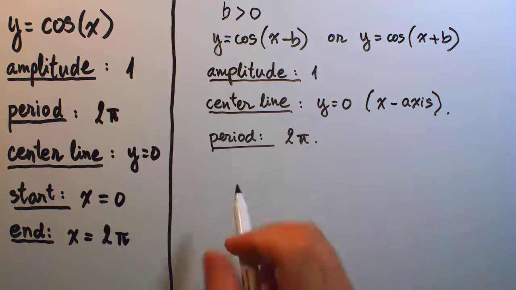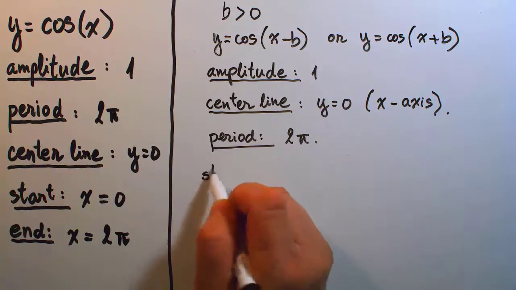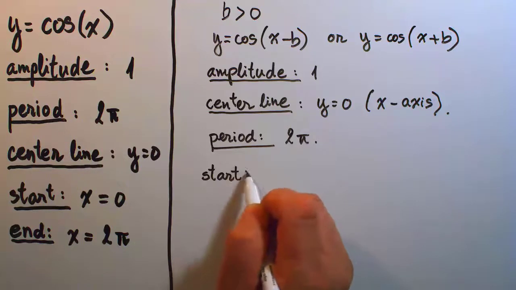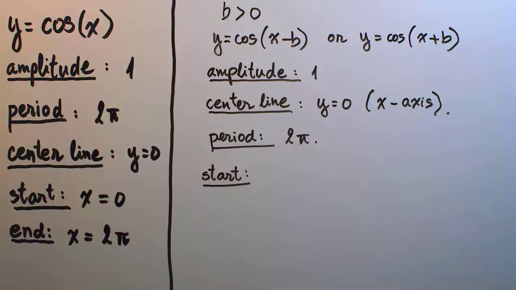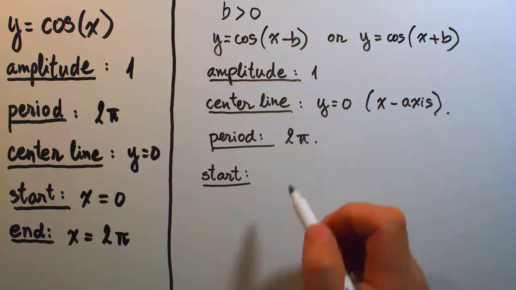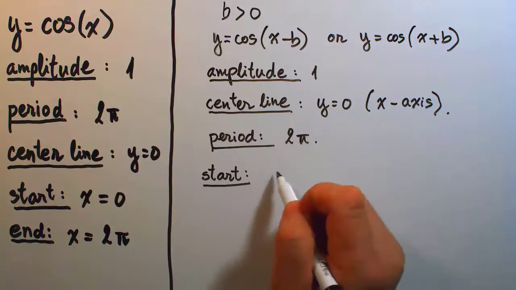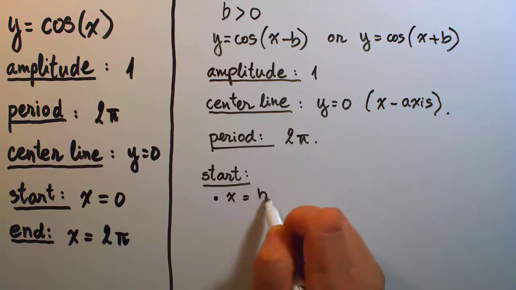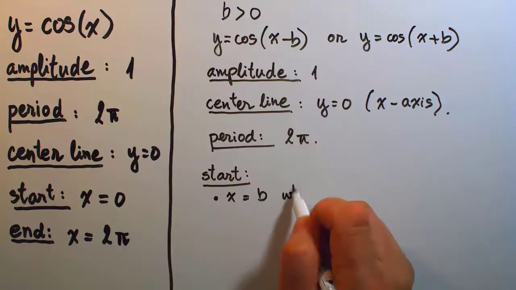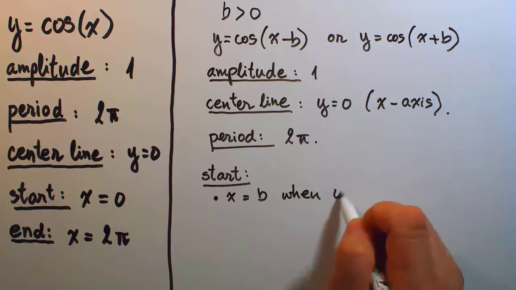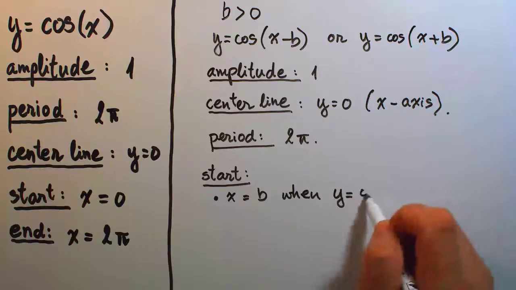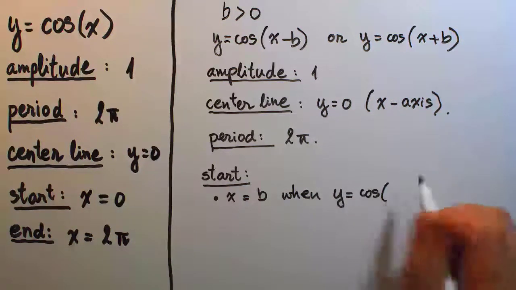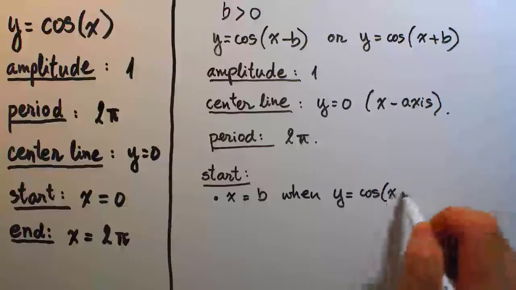But when it gets to the start of the base unit right here, the start is x equals b when our function is y equals a cosine of x minus b.